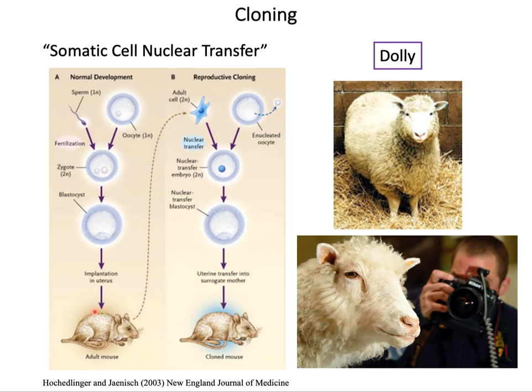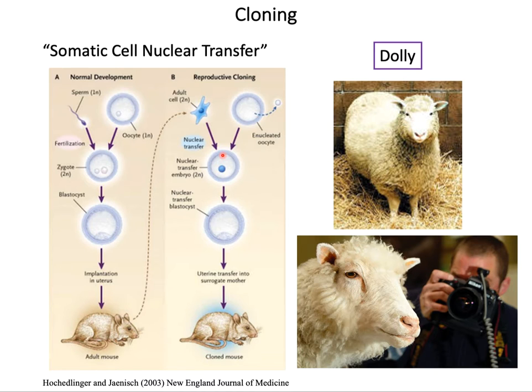So here is how somatic cell nuclear transfer happens. To do this, you take an egg cell and you remove the nucleus, or you enucleate that cell. So now you have an egg cell that does not have the nucleus. And then you take a donor cell, remove the nucleus from that adult cell, and insert it into the egg.